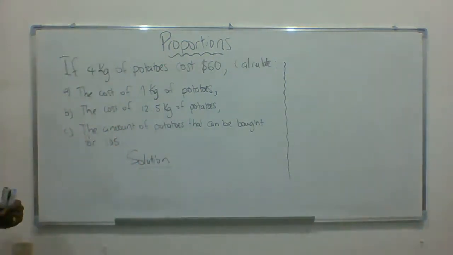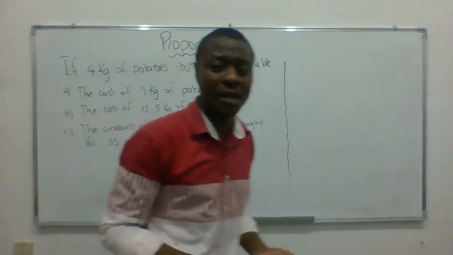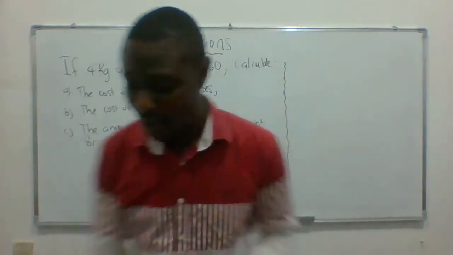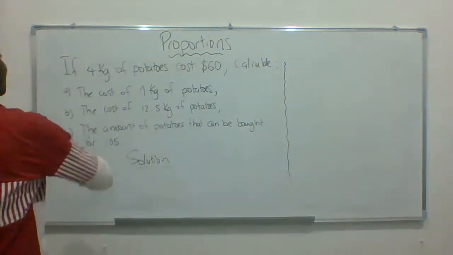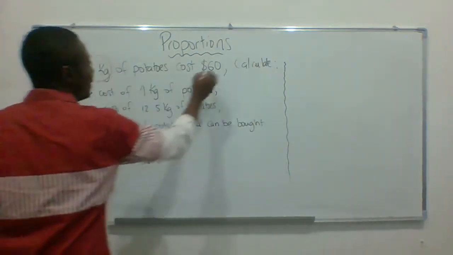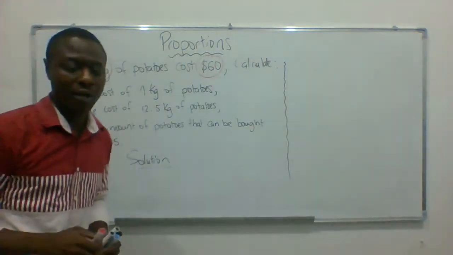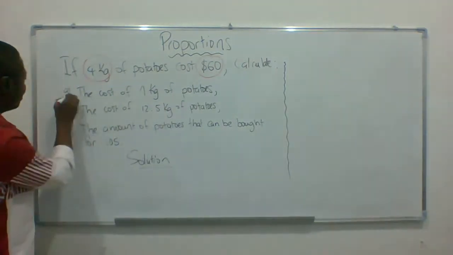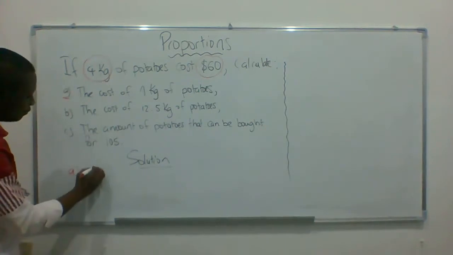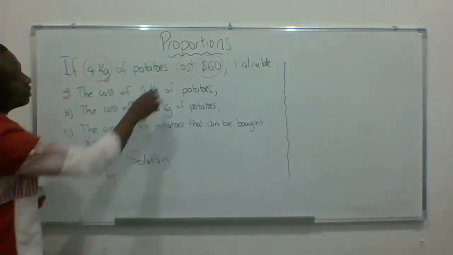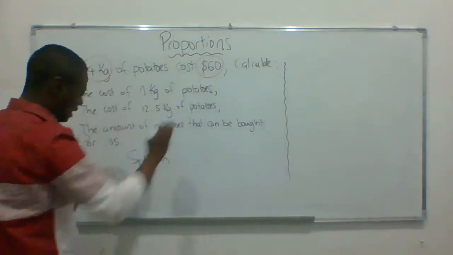Now, some of you may ask the question, what is the ratio here? What's the proportion here? Well, there's ratios because if we look in the problem, there's kilograms and there's dollars. So we are comparing the kilograms to the dollars. For the first question, question A, 4 kilograms costs $60.